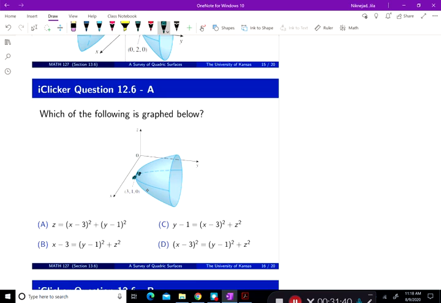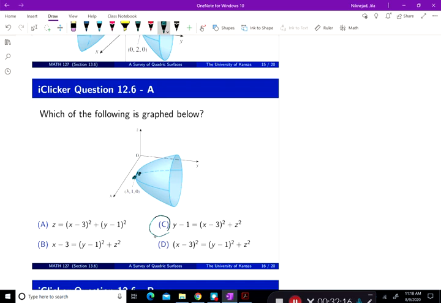The options that we have are all basically shifted: x minus 3, y minus 1, and z minus 0, and all of them are like that. So that's not an issue at all. The next part is to notice which direction the paraboloid is opening up. The paraboloid is opening up in the y direction. So among all of these, basically C is the one that opens up in the y direction.